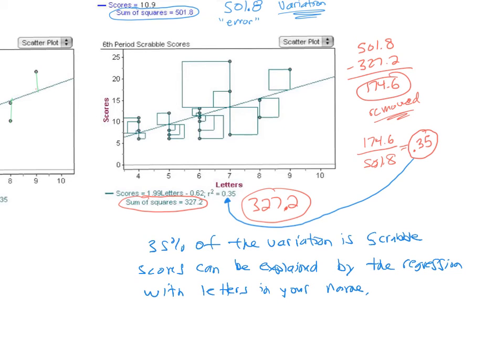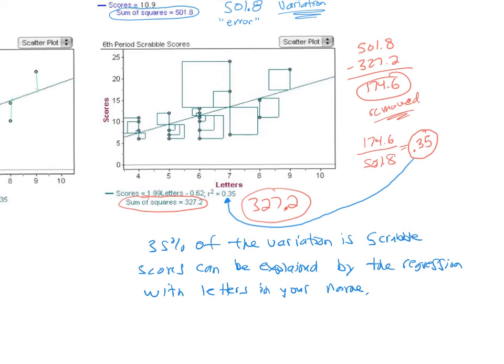Okay, so that's r squared. It's the percent of the variation in Scrabble scores that can be explained by the regression with the letters in your name. Okay, so basically I've removed 35% of the variation by doing a regression with scores and letters. So I do a 35% better job of making predictions than if I just use the average all by itself.